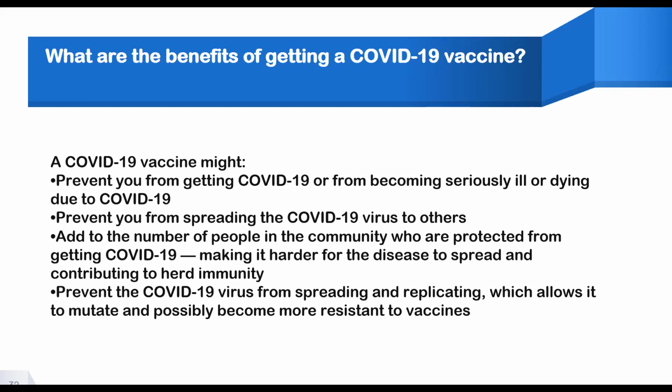Next is prevent you from spreading the COVID-19 virus to others. And next, add to the number of people in the community who are protected from getting COVID-19, making it harder for the disease to spread and contributing to herd immunity. Prevent the COVID-19 virus from spreading and replicating, which allows it to mutate and possibly become more resistant to vaccines.